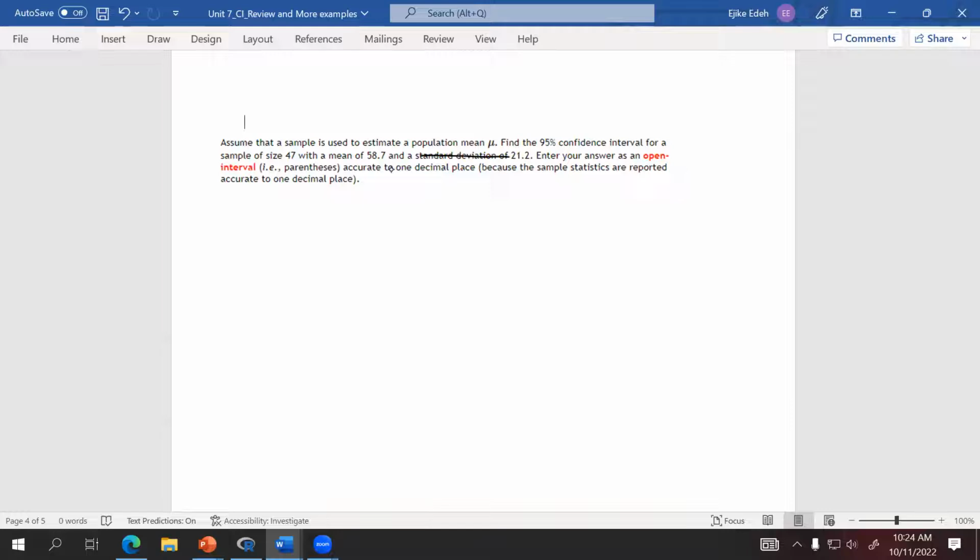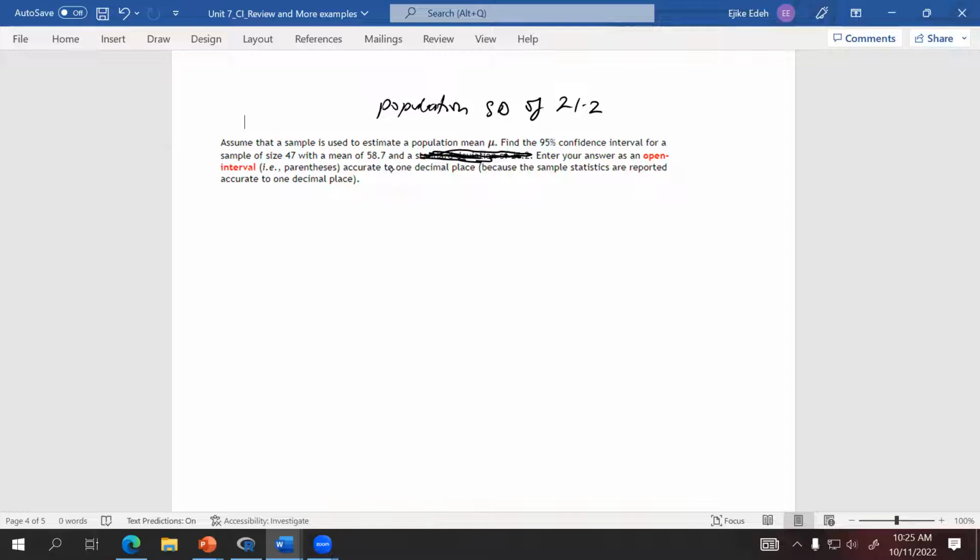Okay, I think it's 21.2. So let's assume this is scratched out, and in place of it, what you actually have is a population standard deviation of 21.2.